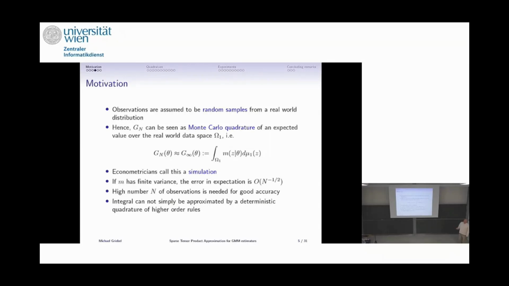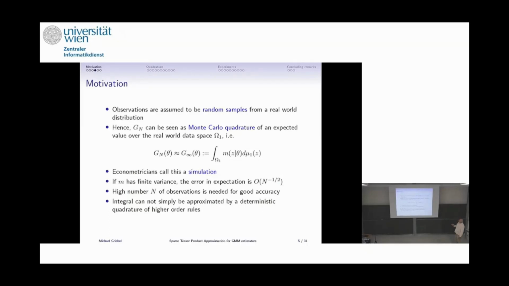Language is strange. Econometricians call this a simulation because they go into the lab, do the experiments, the physical lab with the students, so to speak, or go out in the field and measure something, make questionnaires, and ask people for their choices, and therefore n is finite, and they call that a simulation.